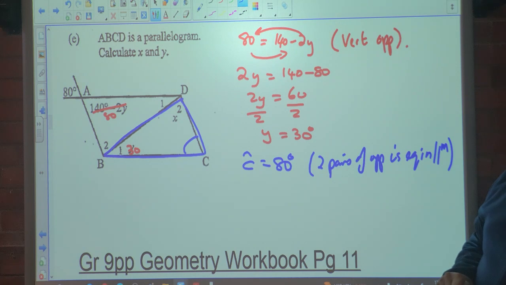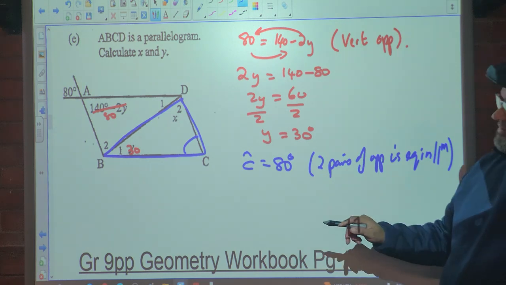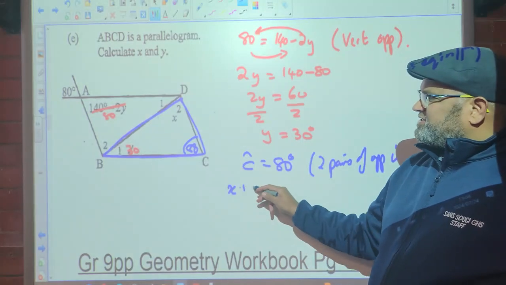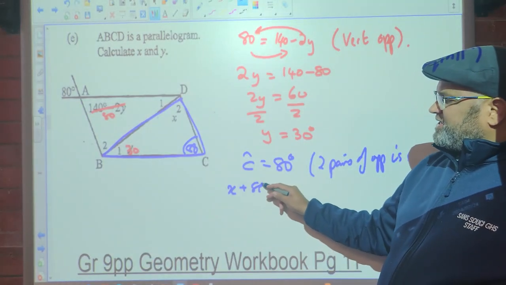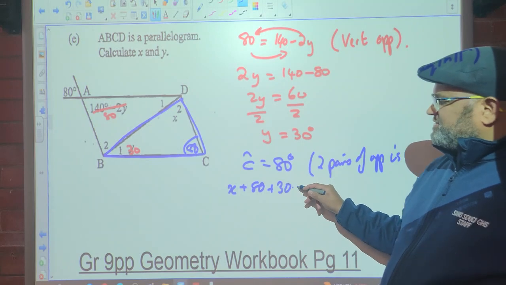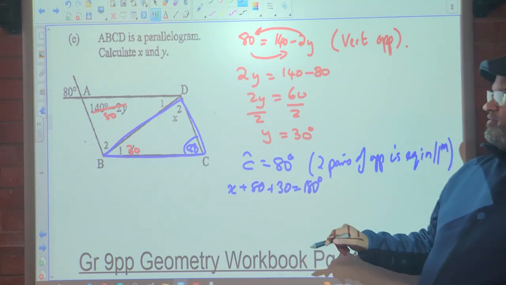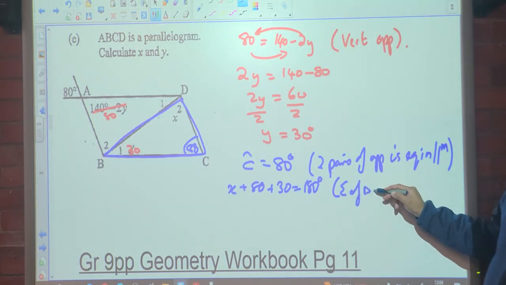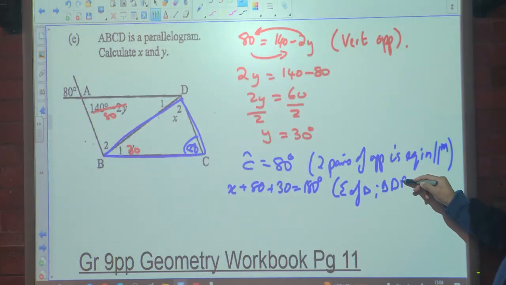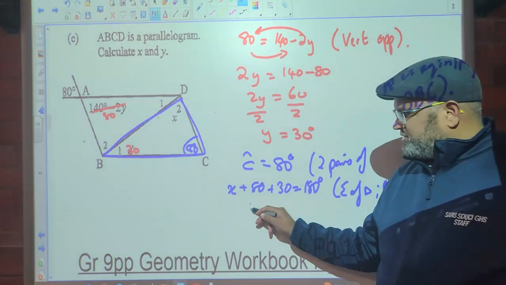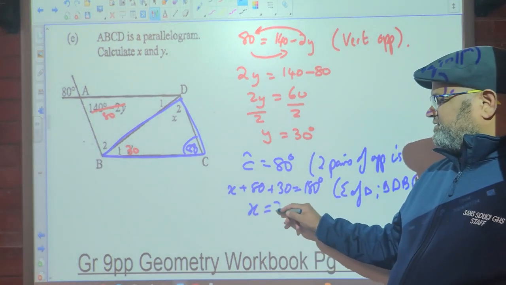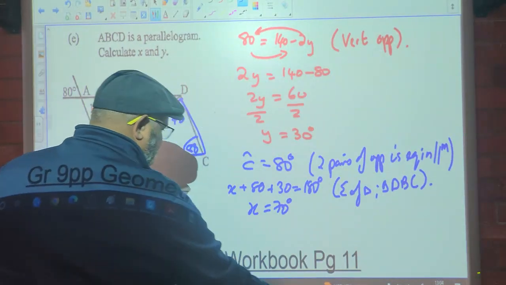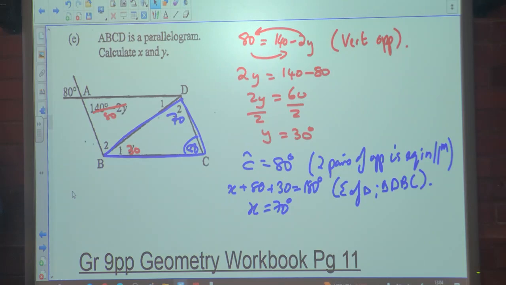Can you see that, people? So that is now 80. Now what? You can say x plus 80 plus 30 equals 180. Why? Sum of triangles, and it's triangle DBC. So x is equal to 70 degrees. Okay. Any confusion there?